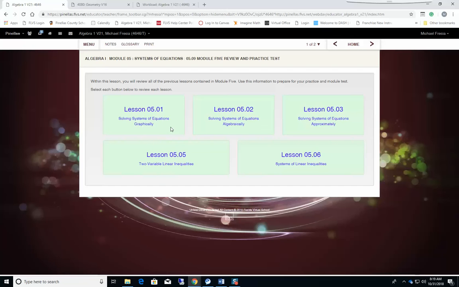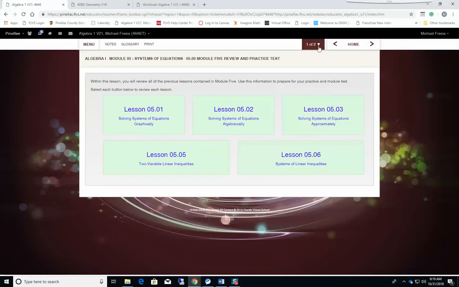It may have infinite only because it's the same line twice, or you could have no solution, meaning the lines are parallel and they're never going to touch, because the solution to the system is where the two pictures will cross, or the intersection of the two equations.